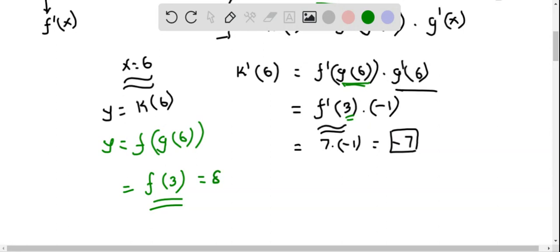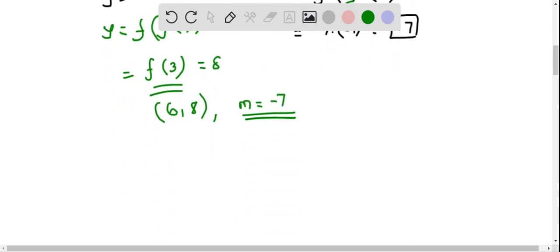This means the point is 6 comma 8, and the slope we have already determined as m equal to negative 7. So now we have a point and a slope. We can use the point-slope form of a line, that is, y minus y1 equals m times x minus x1.